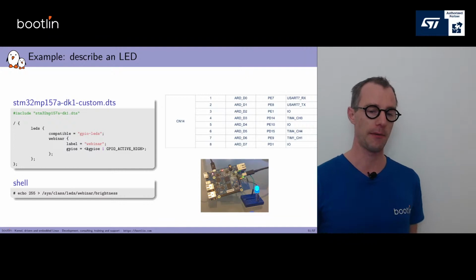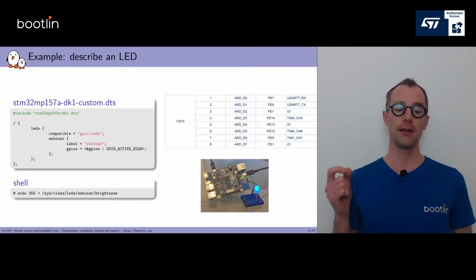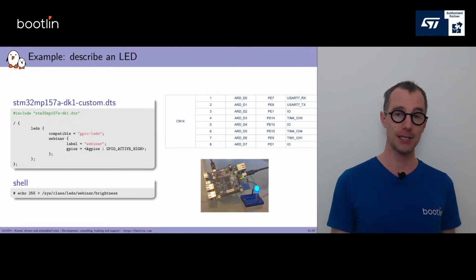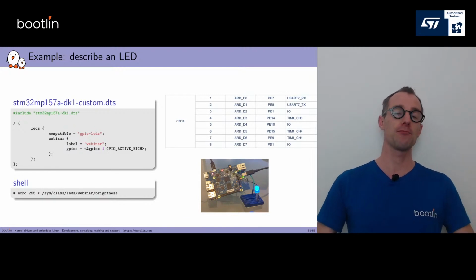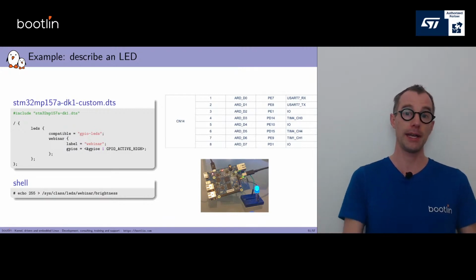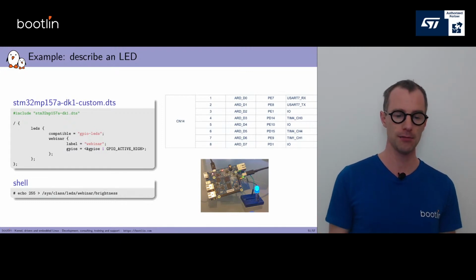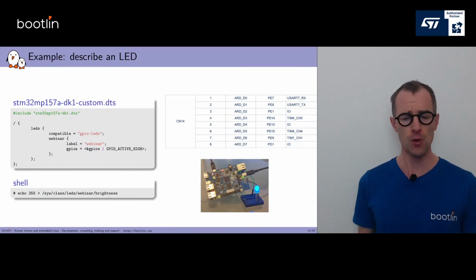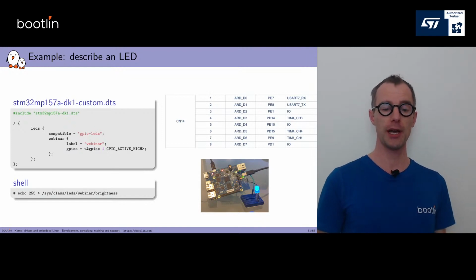So in the device tree, we have created a LEDs node, and in this node, we are using the gpio-leds compatible string, which uses a Linux kernel driver that turns any GPIO into an LED from the point of view of the Linux system. Every subnode is going to be a separate LED. In our example, we have only one that we called webinar. We give it a nice label, which is in fact the same, and we tell which GPIO this is using.